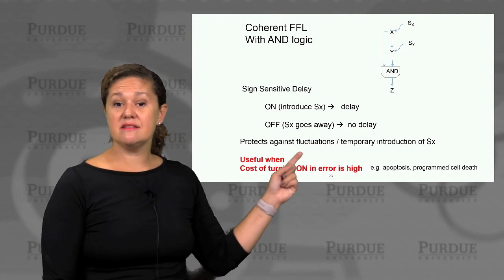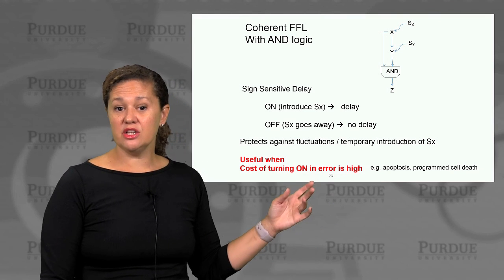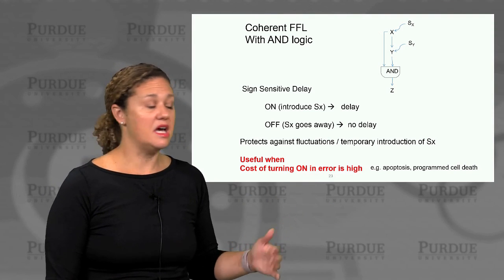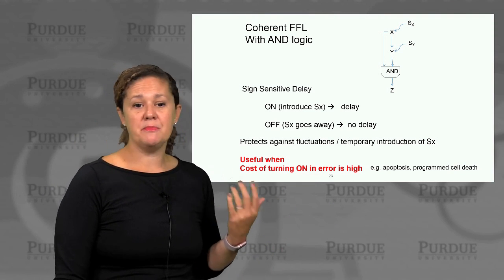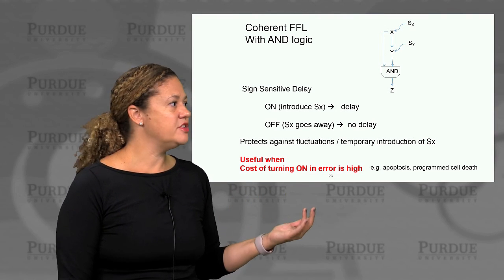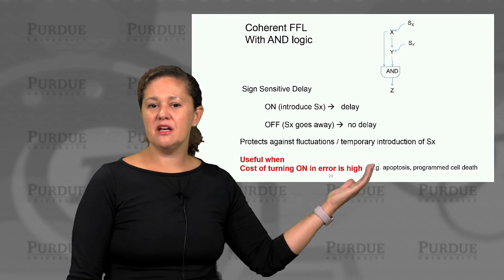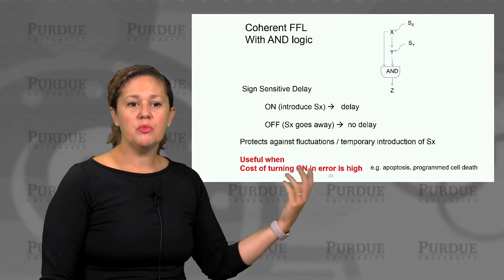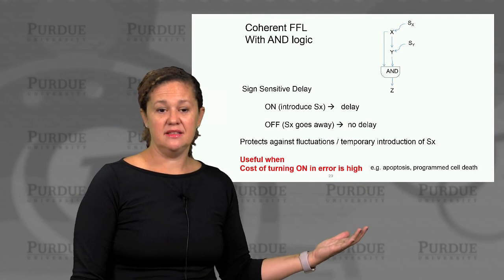So another example of this in cellular systems, think of mammalian cells that induce apoptosis normally during development or during stress or injury, and programmed cell death, which is a normal part of cell function.